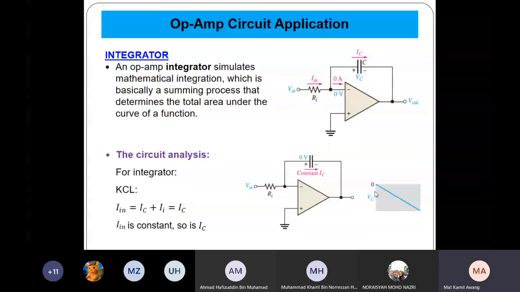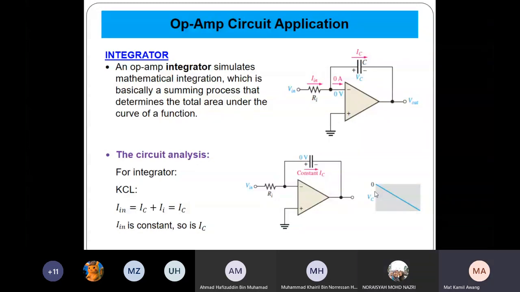So which component gives you, remember from the last semester, di dt or dv dt, those kinds of functions. So basically that is a capacitor or inductor, right? Remember? dv dt, di dt. Tak ingat?